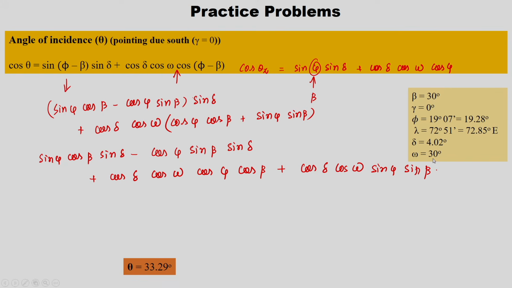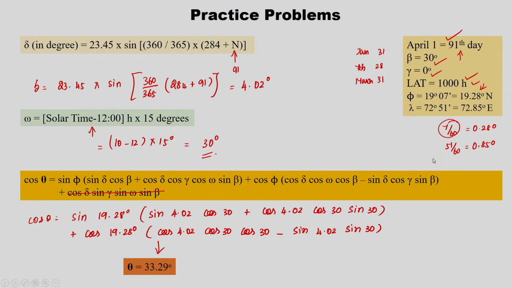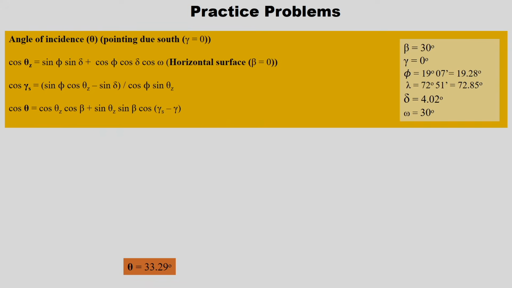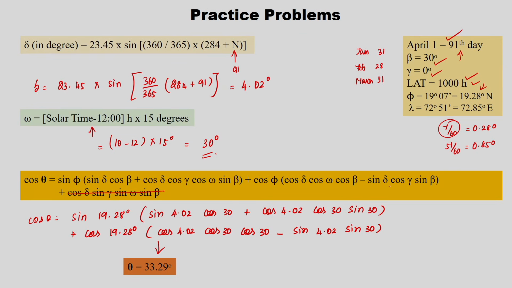If you see in the angle of incidence, sin phi sin delta cos beta is the first term, and cos phi sin beta sin delta is the fourth term, since cos gamma is anyway due south, so that is 1.